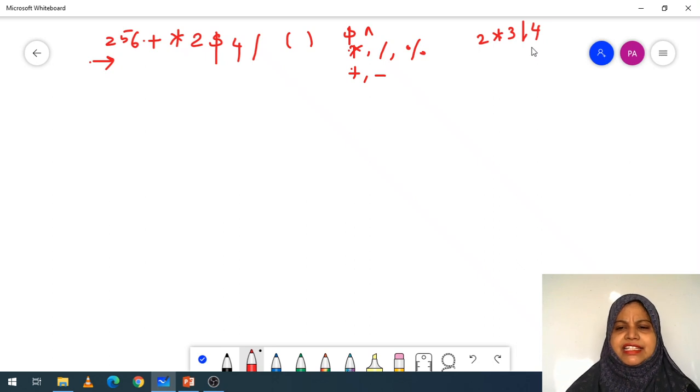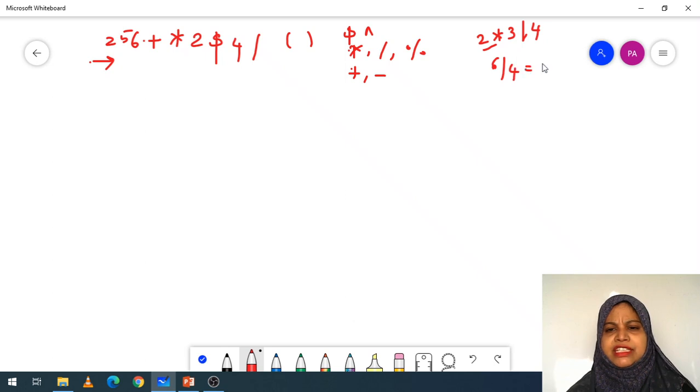In this case star and divide both have equal priority, but star is occurring first, that's the reason star has higher priority than divide. So first we have to evaluate this star. 2 into 3 is 6, 6 divided by 4, that is 1.5, right.